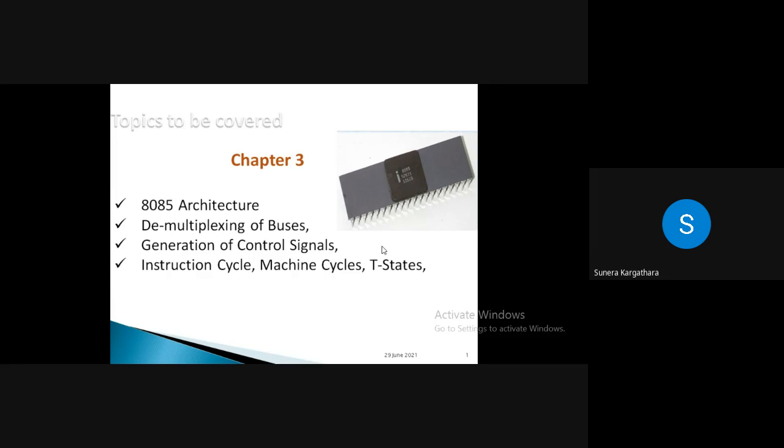Can anyone tell me how this pin diagram can be divided into a signal diagram? What are the major categories? We had already checked the address bus. Address bus, data bus, correct. Control and status signals, very good. Power supply and frequency, very good.